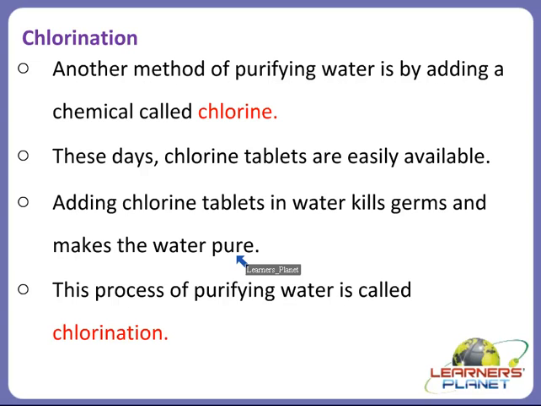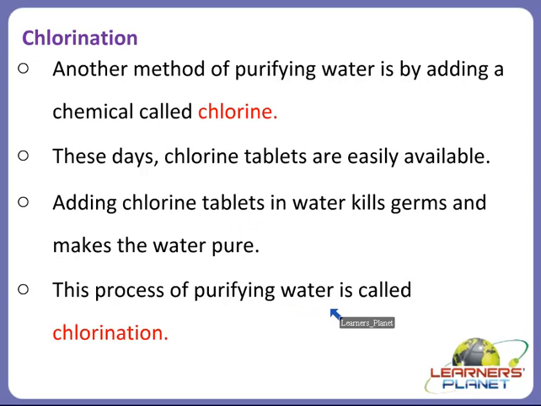pure. You might have noticed at your home your mother adding chlorine tablets in a pot, in a matka, right? The pot in which chlorine tablets have been added will kill the germs in that water, and it will make the water pure.